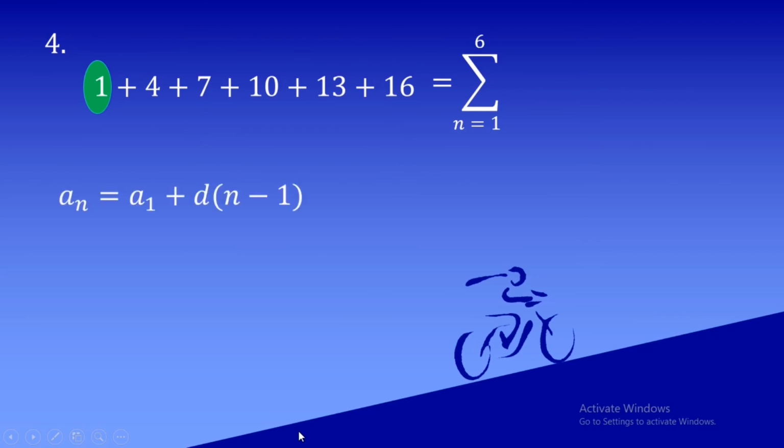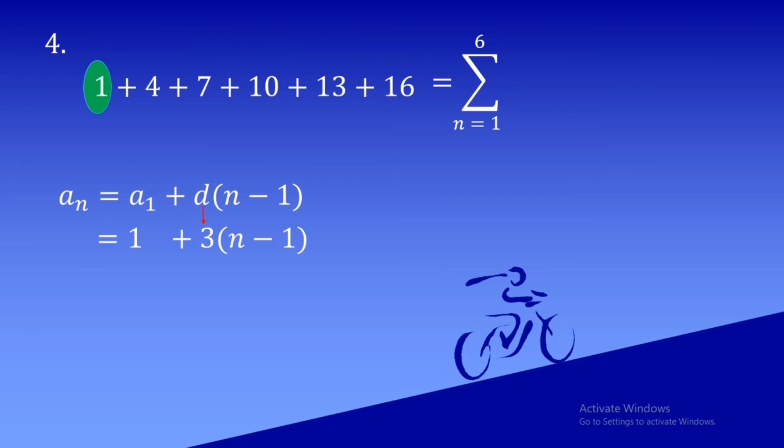Then we can use the formula for the arithmetic sequence: a sub n is equal to a sub 1 plus the quantity n minus 1 times d. Our a sub 1, the first term, is 1. The common difference d between the consecutive terms: 4 minus 1 is 3, then 7 minus 4 is 3, 10 minus 7 is 3. So that is the common difference, that is 3.